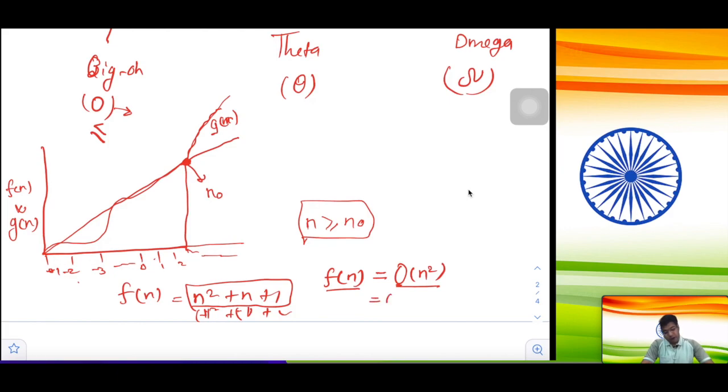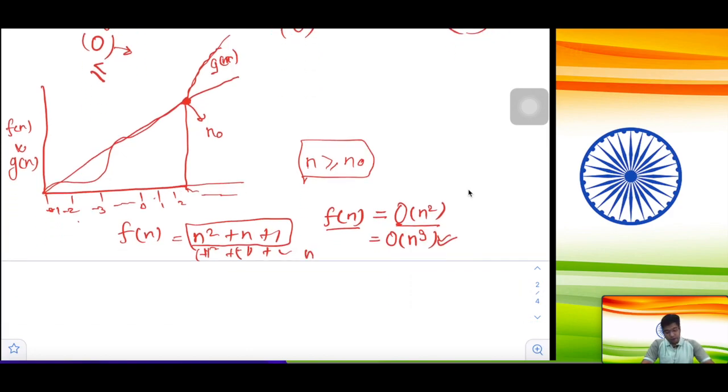If you write n cube here, this is okay, because f(n) is n square plus n plus 1, and n cube is always greater than this function.